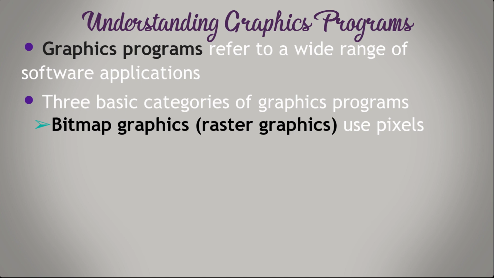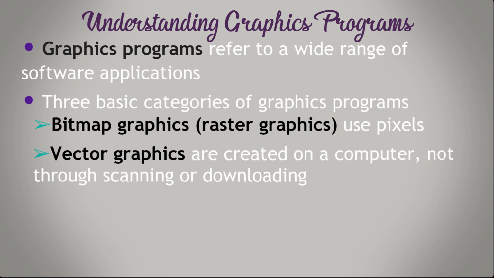Instead of using colored tiles, bitmap graphics use pixels, colored squares that are so small that your eye perceives only the whole image, not the pixels themselves. All digital photographs are bitmap graphics, and all Photoshop images are bitmap graphics.